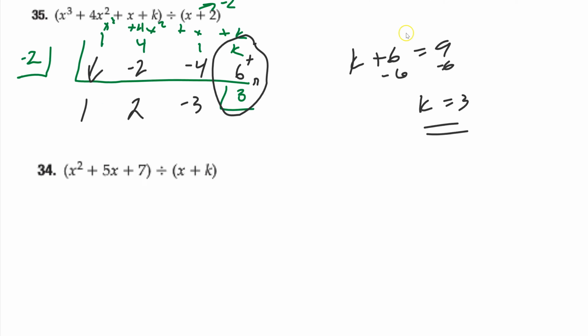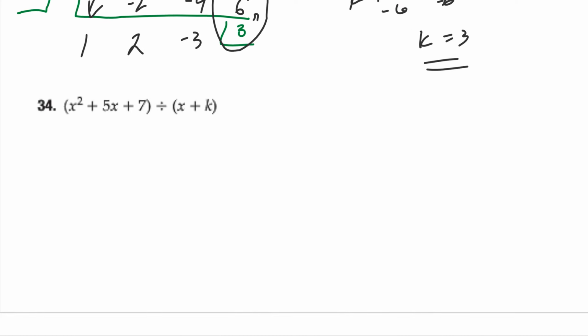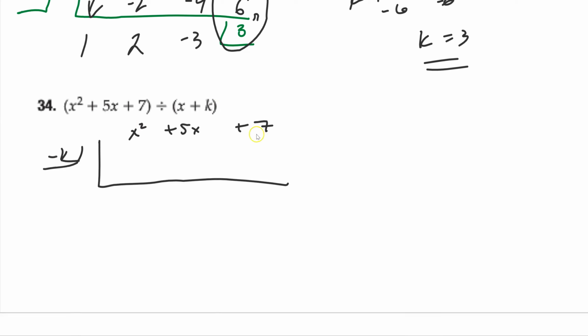Let's do it again with the next one. Now this one tells me I have x squared plus 5x plus 7, and then I'm going to use -k, and the remainder is 3. There's actually 2 ways to do this. I'm going to show you another way to do this one also.